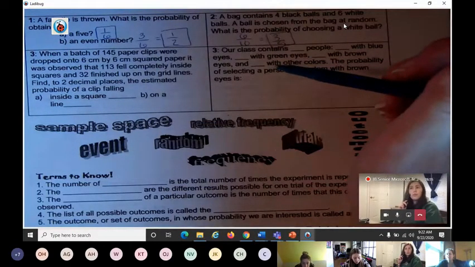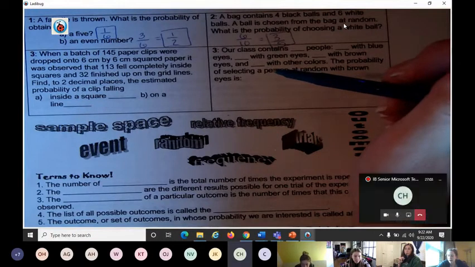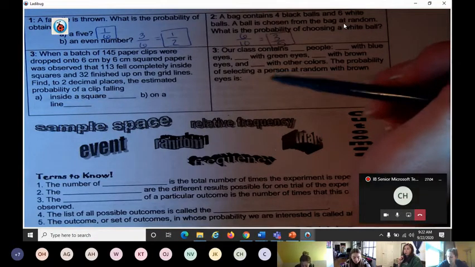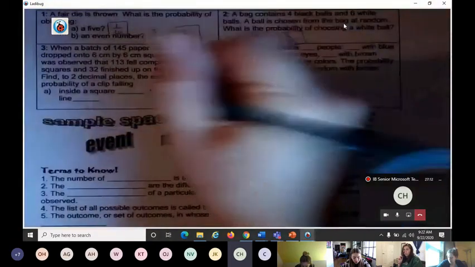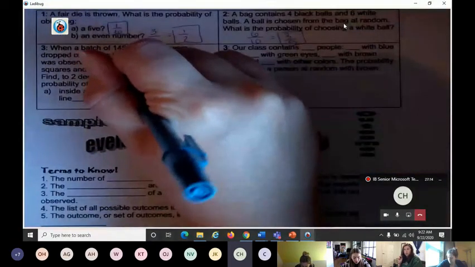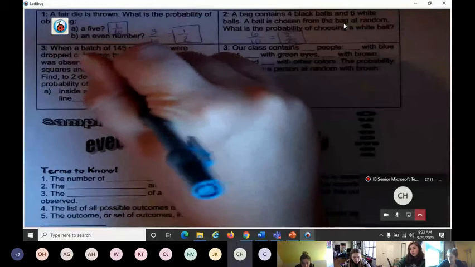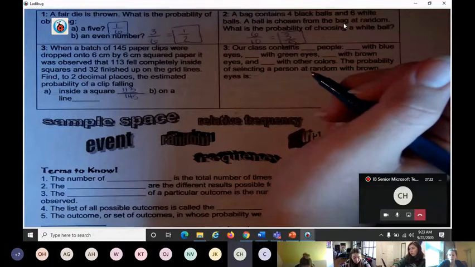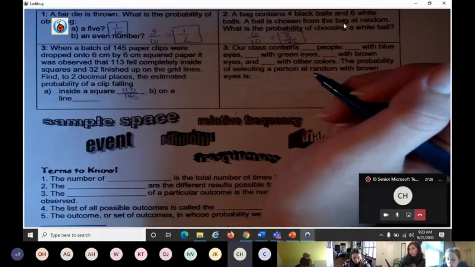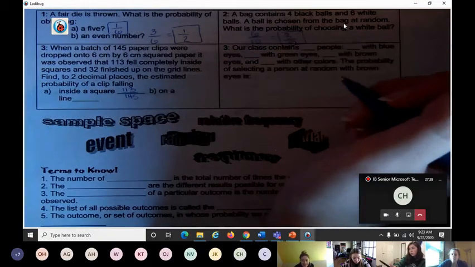What's the total number of paper clips we have? 145. Right, we have 145 total, and how many fell completely into the square? 113. Wouldn't it just be 113 over 145? Yes, it is. Okay, now what about on a line? That would be 32 over 145, right? I believe so. Yes.